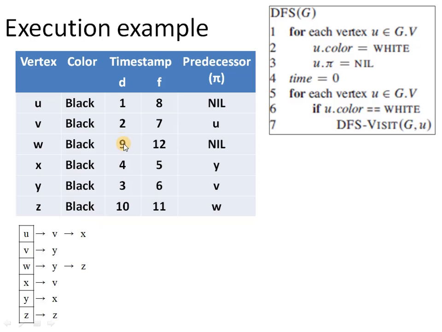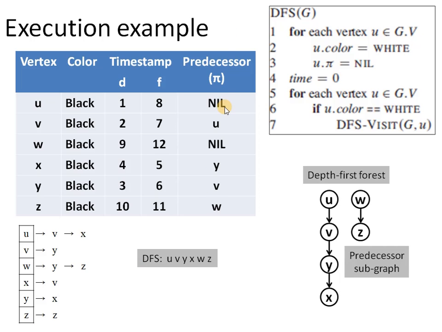Now what we have to do is make use of the timestamp values corresponding to the discovery time of the vertices in order to arrange these vertices in increasing order. So we will have U, V, then comes Y, X, W and Z. So U, V, Y, X, W, Z is the desired DFS sequence. Again, we can make use of this pi parameter to generate the depth first forest.